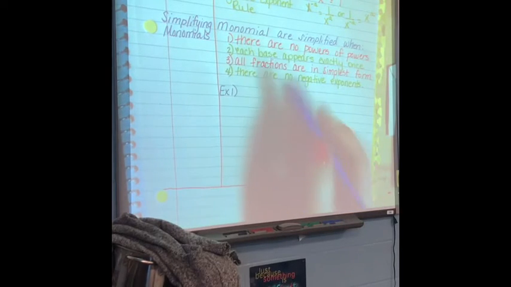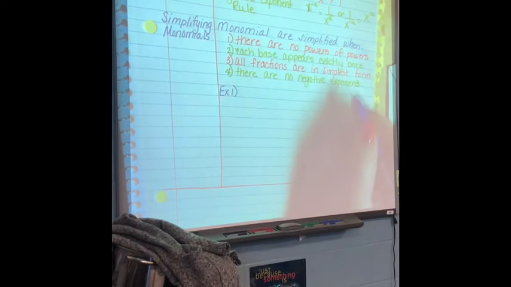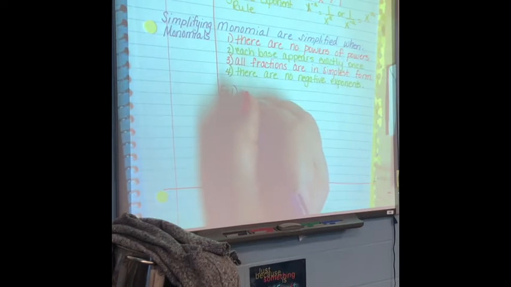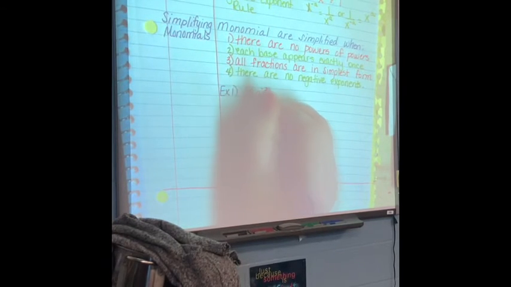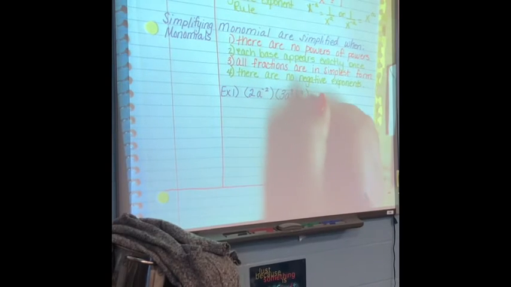So we're going to use our rules of exponents and our rules for having a simplified monomial to make sure that we simplify these expressions to the fullest. So I have 2a to the negative 2 power times 3a to the third b squared, and then c to the negative 2 power.